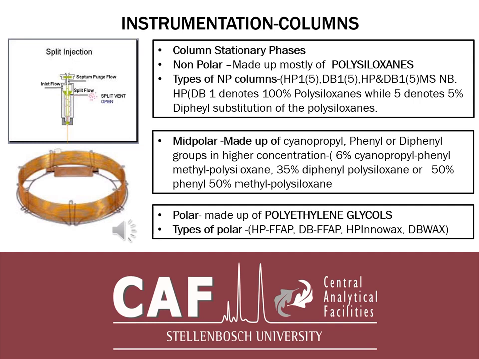Also, for instance, if you've got a DB5 or ZB5 or HP5, the 5 means 5% of the diphenyl substituent of polysiloxane was added into that column. So what they do is they start normally from a polar column, and then they start introducing those polysiloxanes to go to a non-polar column.